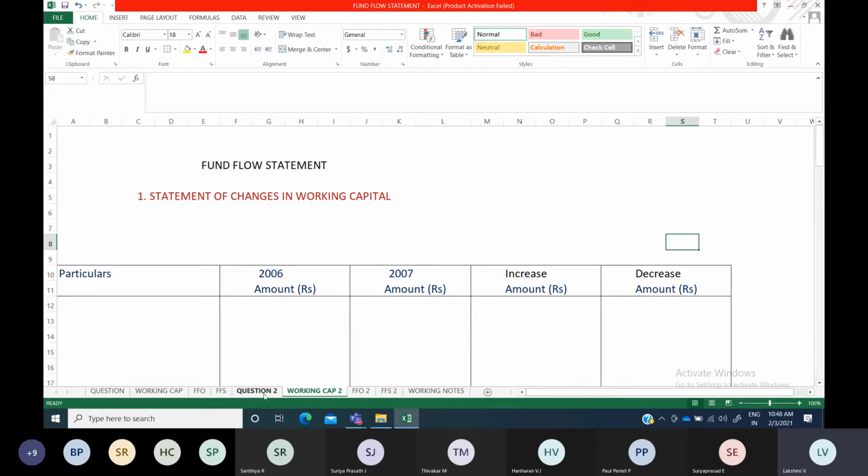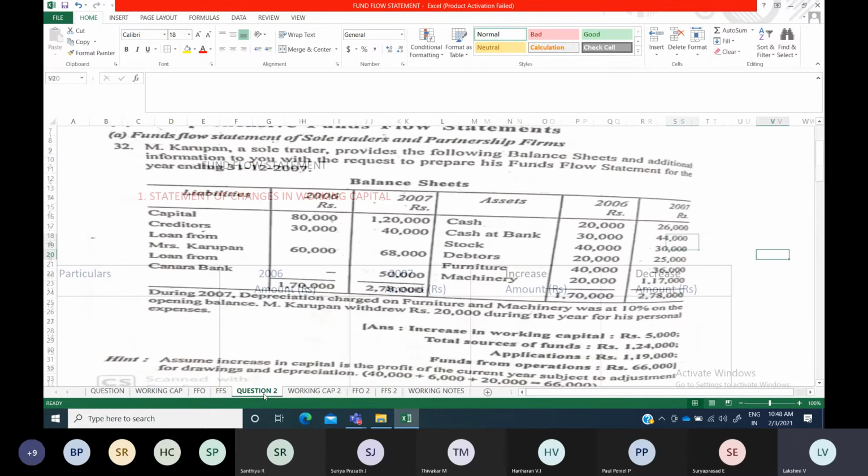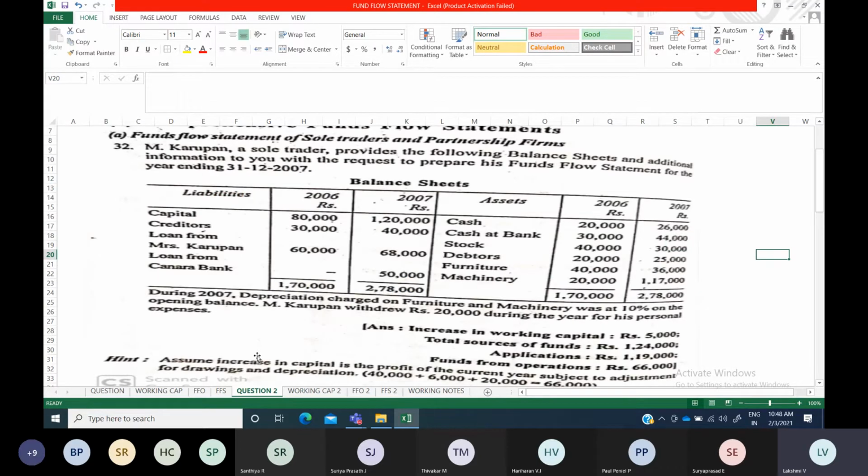Moving to the current assets: cash, cash at bank, stock, debtors. All these four items are considered current assets, so you enter all these four items and their corresponding amounts in the respective columns.